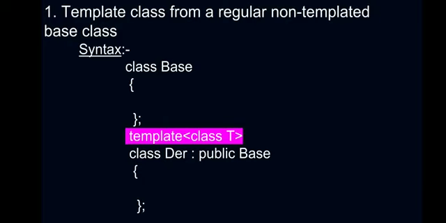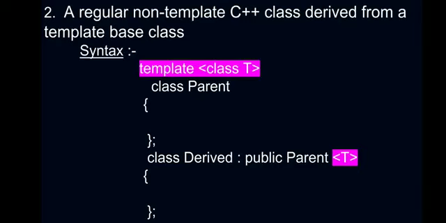In this format, before the derived class I'll write the template statement. This is the general form if the base class is a normal class. In the second situation, the base class, that is the parent class, in this example I have taken parent. The parent class is the template class, and the derived class is a normal class.